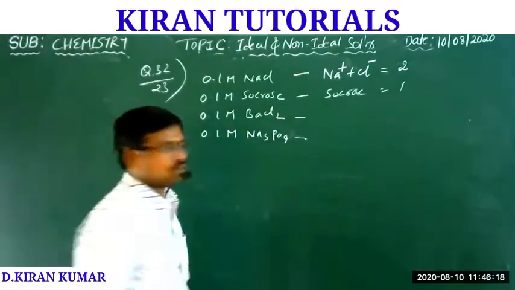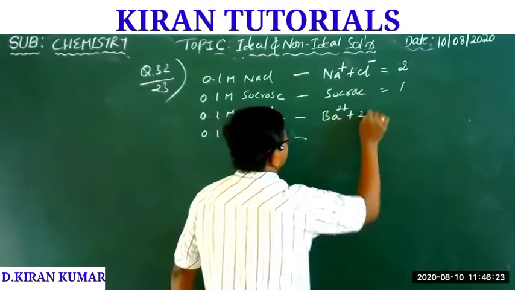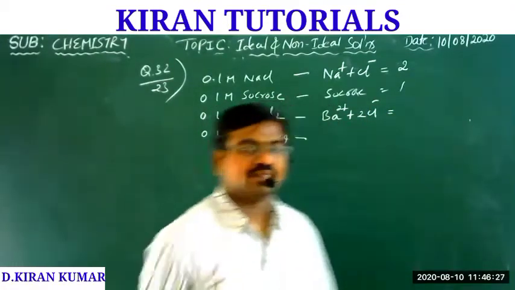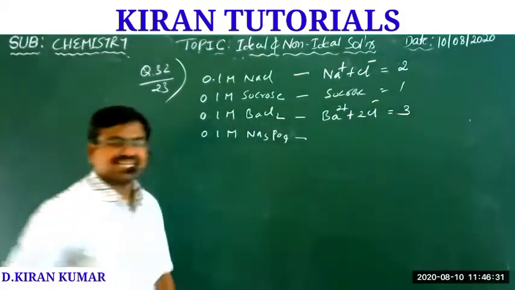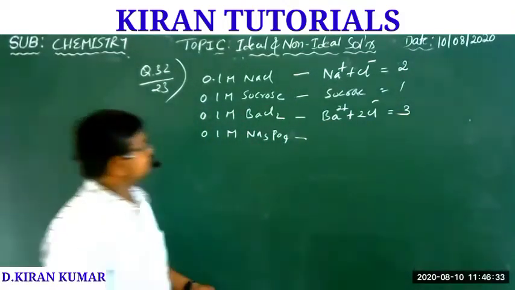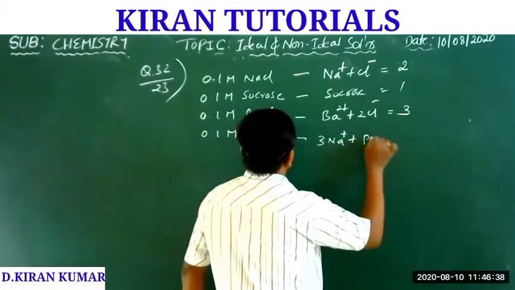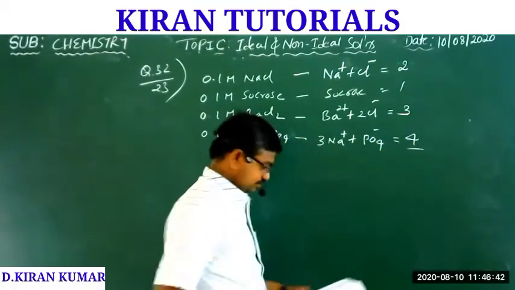What about barium chloride? Ba2 plus and 2 Cl minus. Clear. So how many ions? 3. What about Na3PO4? 3 Na plus and PO4 3 minus, 3 plus 1, that is 4.